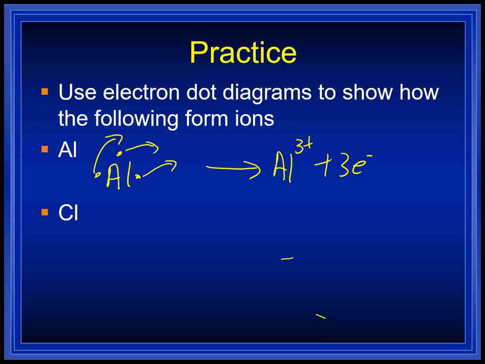What about Cl? Chlorine. Well, chlorine's a halogen. That's group 7A. So I need 7 dots.